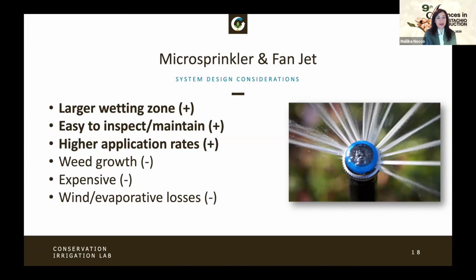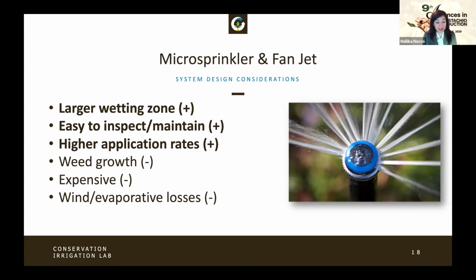Okay. So first, let's talk about micro sprinkler and fan jet. When you have this type of setup, there can be a very large wetting zone, maybe the largest option for that wetting zone. They can be easy to inspect or maintain, and you can have higher application rates. So these are the benefits. Some of the drawbacks are there can be increased weed growth when you're irrigating above the surface with the sprinkler.